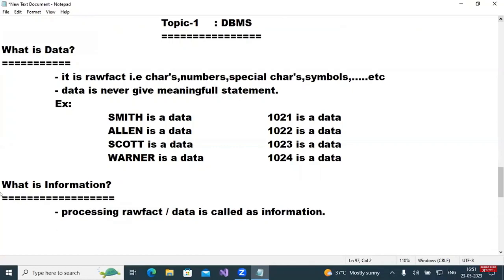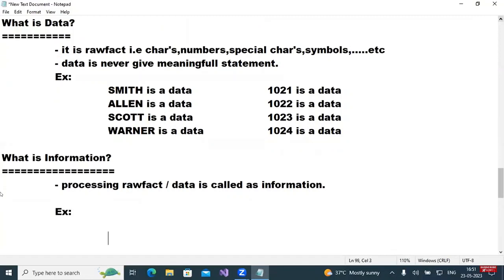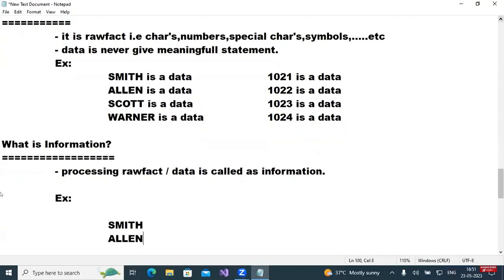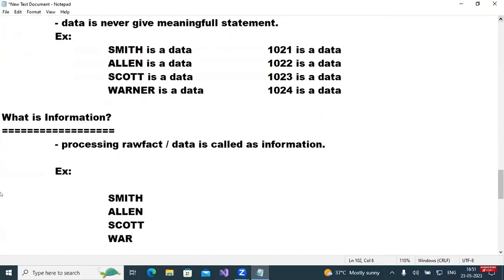Now let me show how it works. I'm giving some names, the same names I took above. But on these names, I give my prediction. Suppose I put here Employee_name.